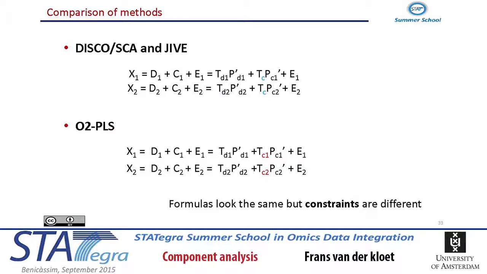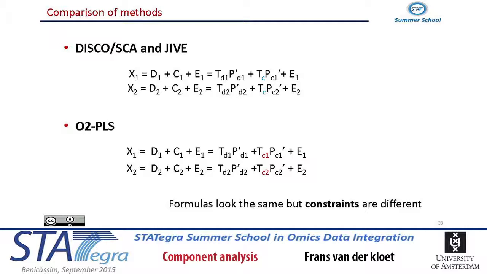And O2PLS, for example, is another one, but it has one additional change, which is that common 1 and common 2 don't exactly have to be the same. We try to be, they have to be as similar as possible, but they do not necessarily have to be the same.